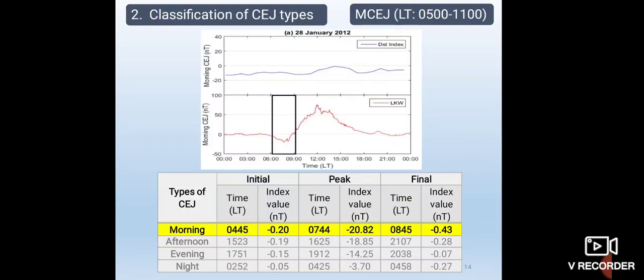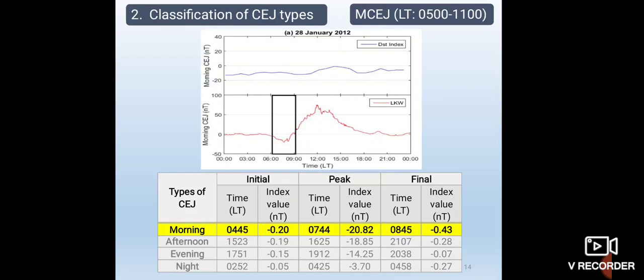Next is the classification of CEJ. For this classification, we recorded local time and index value of geomagnetic reading, which are first, when it starts to deplete, the initial; second, when it reached minimum value, the peak; and lastly, when the depletion is terminated.